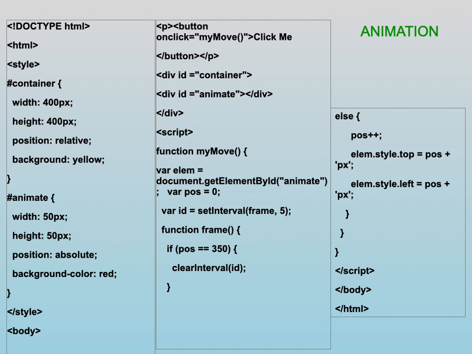From a corner of your screen, a particular colored box will be moving from that position to the opposite direction. So this is a simple exercise for you. You need to copy paste the code and try to execute it.